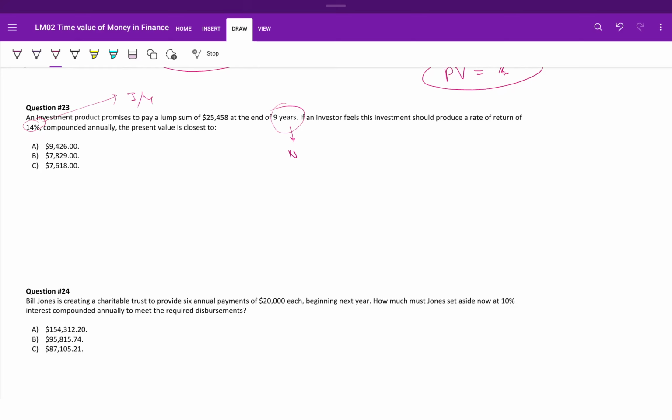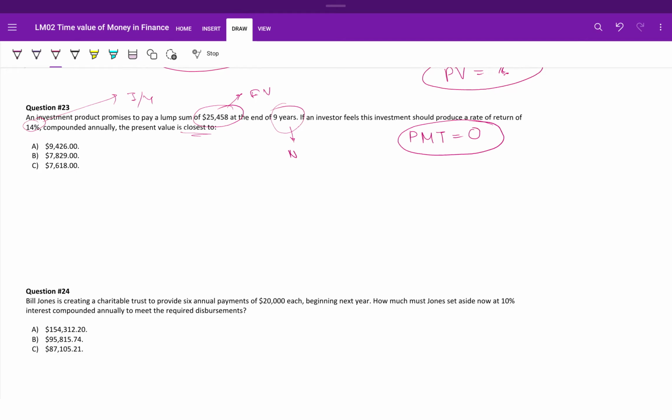The investment product promises to pay a lump sum at the end of this period. This is the future value, FV. In this question, we do not have any payments, so no information regarding payment.